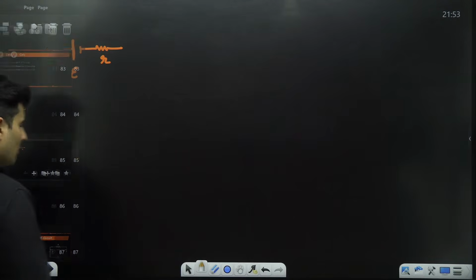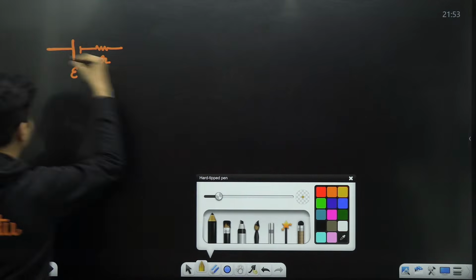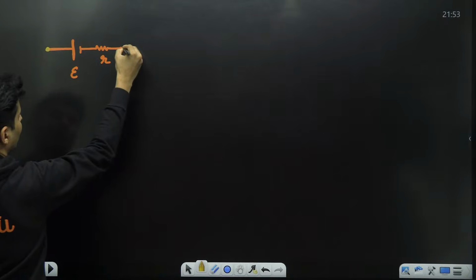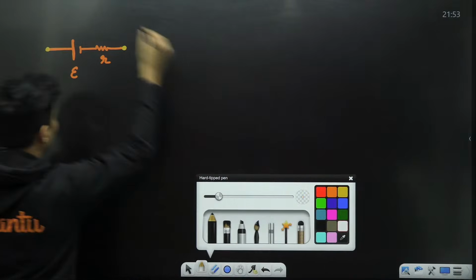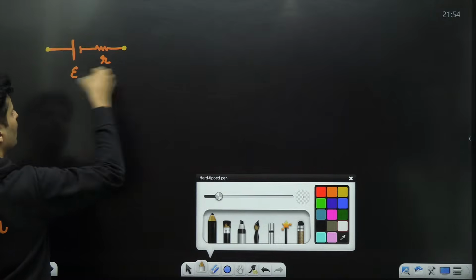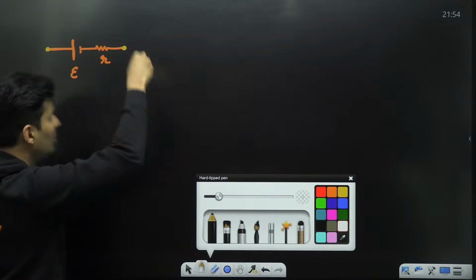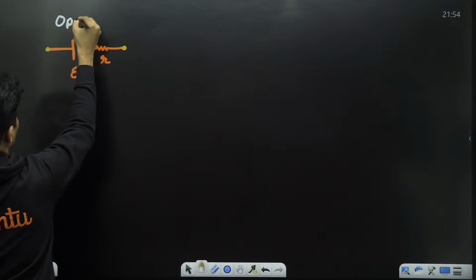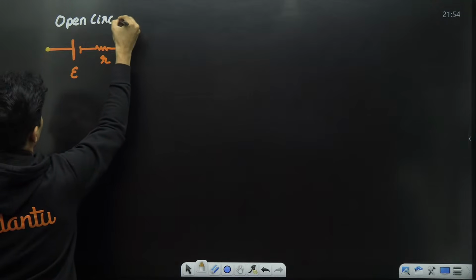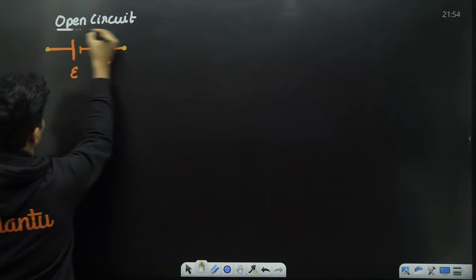But then let's say you do not connect anything. Then it is said to be open. You start from a point, you are not able to go to the other point and keep coming back via the same path. So this is an open circuit.